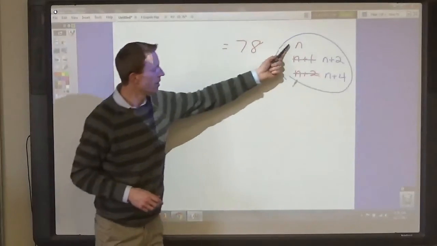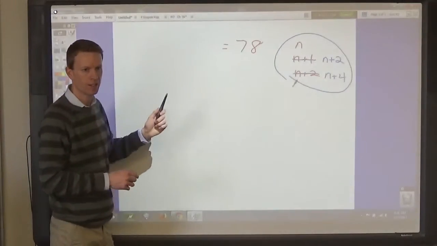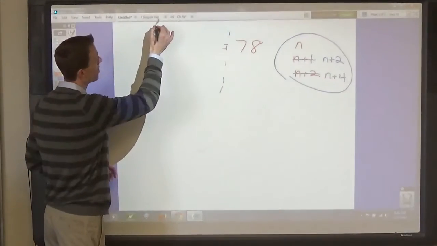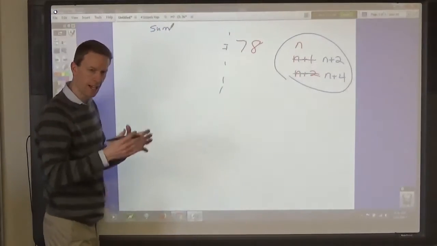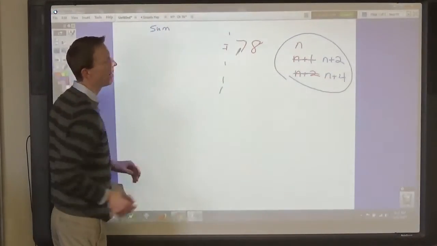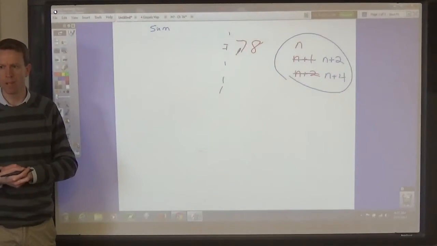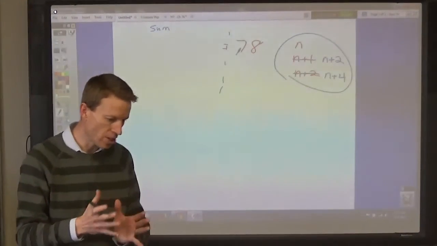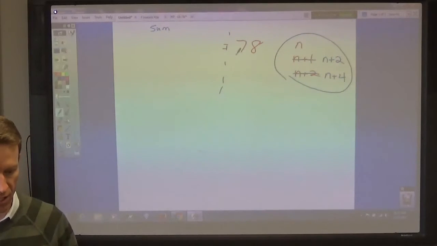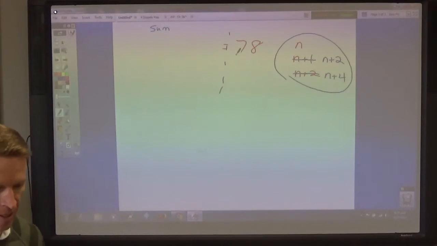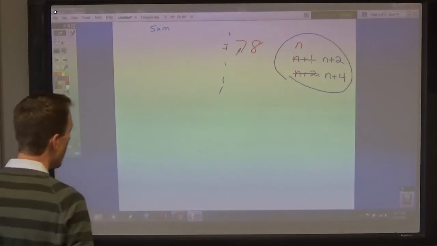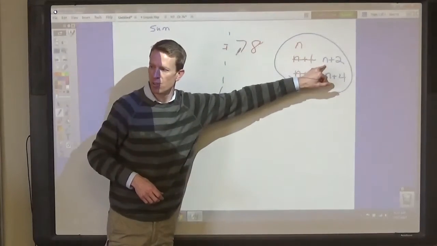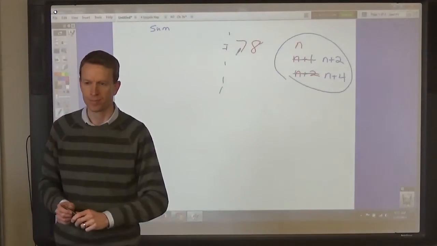What would go on this side for the sum of these 3 consecutive even integers equal to 78? Sum means to add. Look at what you highlighted for the equation for consecutive integers and use that same form, but instead of n plus 1 and n plus 2, use n plus 2 and n plus 4.